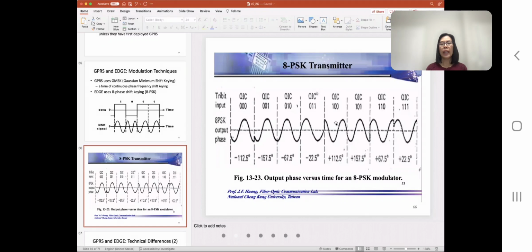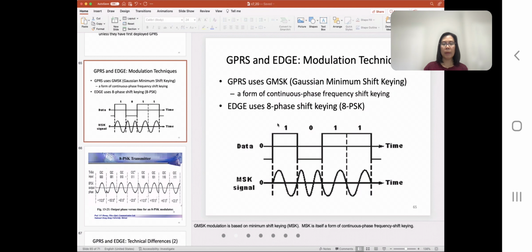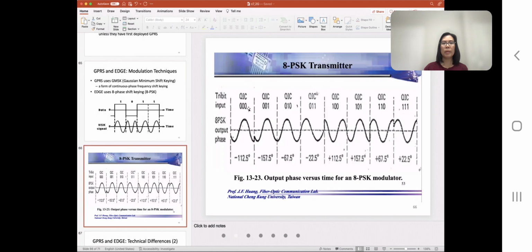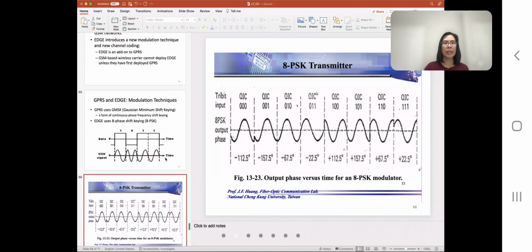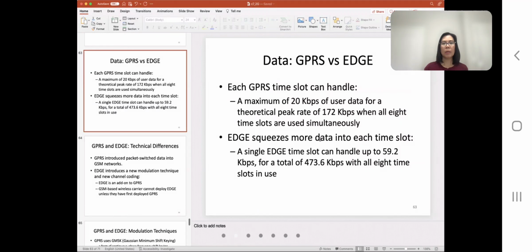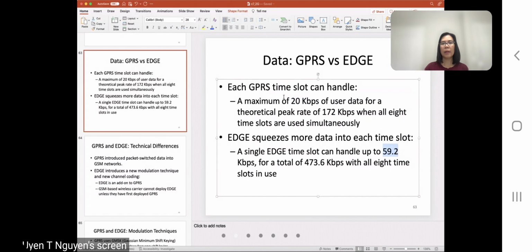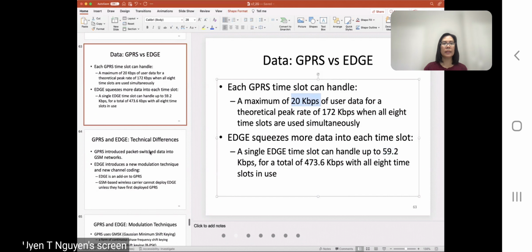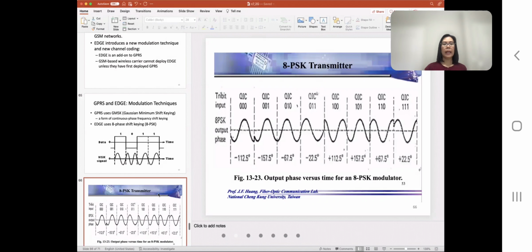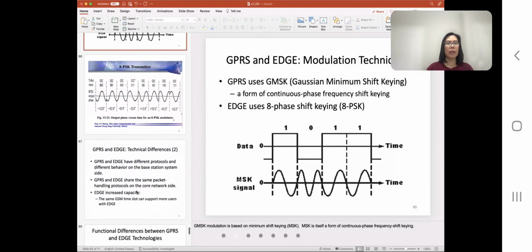Now each signal can represent 3 bits instead of 1. In GPRS a signal can represent only 1 bit; here, a signal can represent 3 bits. That's why EDGE can provide 3 times higher data rates.